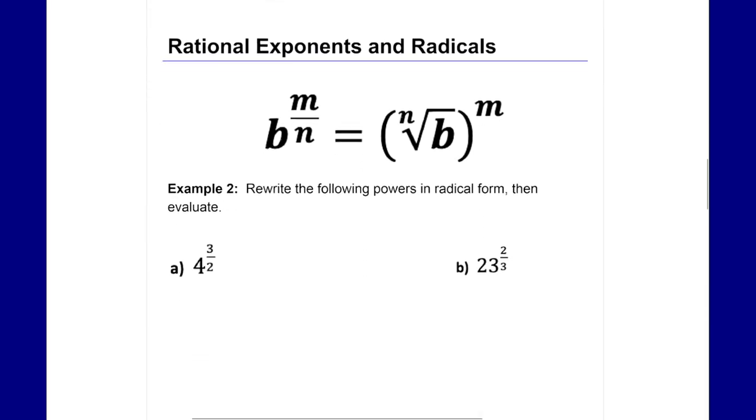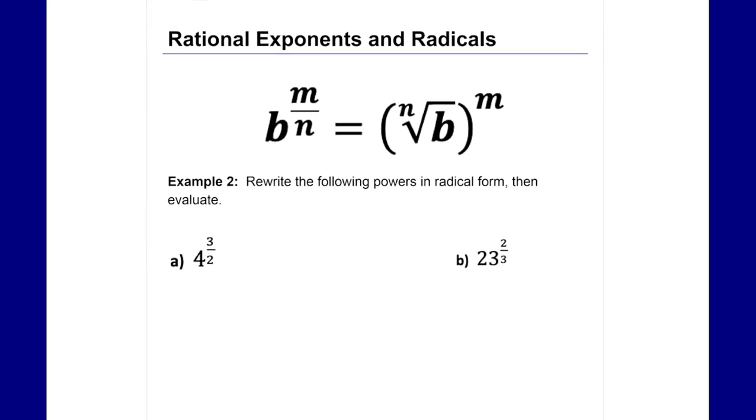Now, a rational exponent may not just be 1 over a value. It might be an actual fraction. So we might have something like b to the power of m over n. If that's the case, the denominator still becomes the value of our root, but the numerator stays as a power or an exponent for that root.